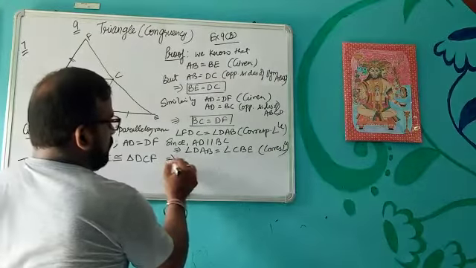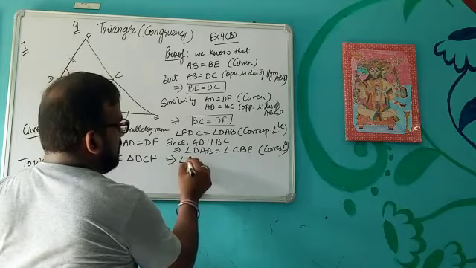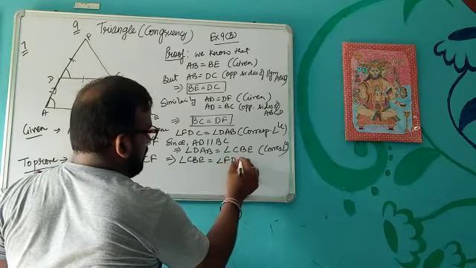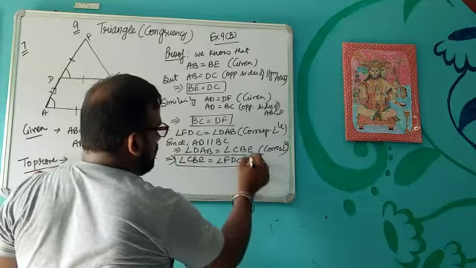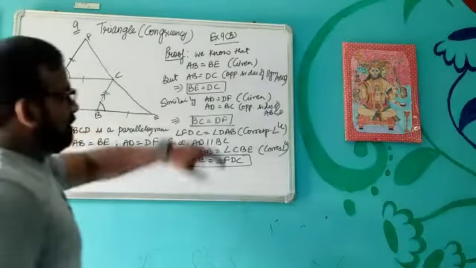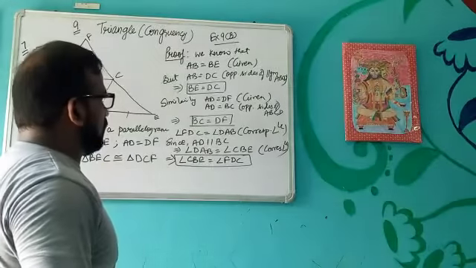So therefore we can say that angle CBE is equal to angle FDC. So this is the third result that we will use. Now we have all the three things that we need to prove these triangles congruent.